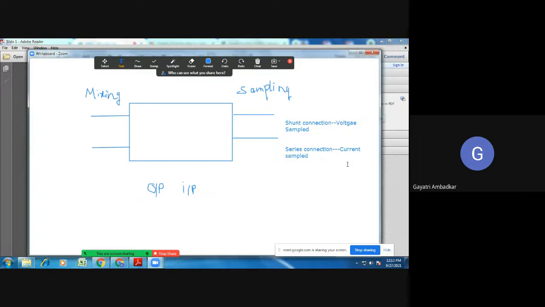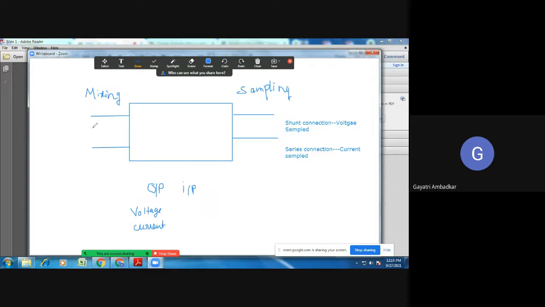So look at the output. What is sampled? If voltage is sampled, you write the first word as voltage. If current is sampled, write the first word as current. Next, you look at how it is mixed.